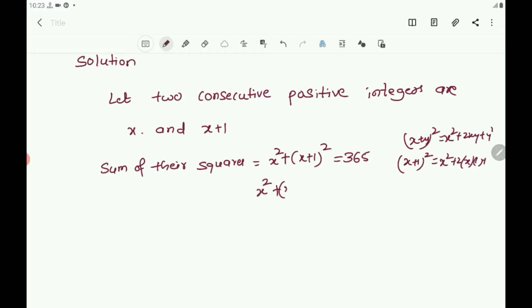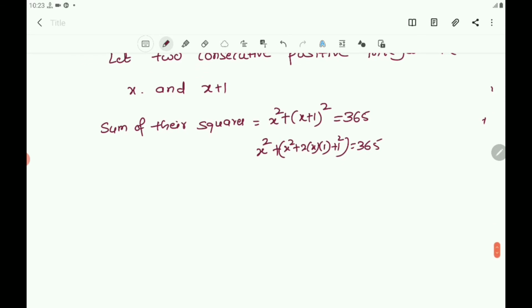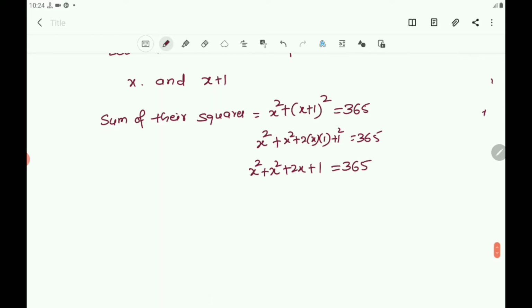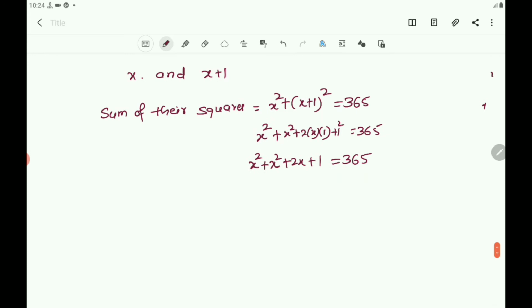So x square plus x square, and the product of 2x and 1 is 2x, plus 1 equals 365.